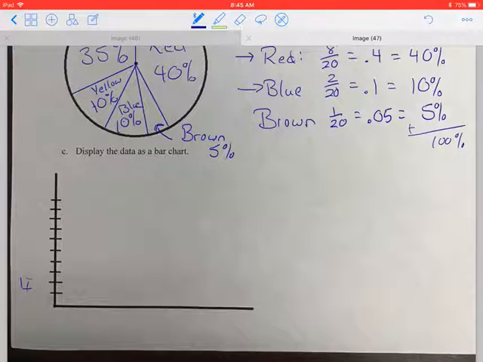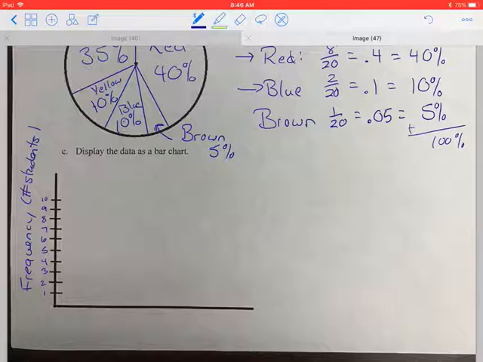Through here, we're going to do frequency. So I'm going to label this 1, 2, 3, 4, 5, 6, 7, 8, 9, 10. And this is going to be the number of students. Okay, then across the bottom, I'm going to have my color.